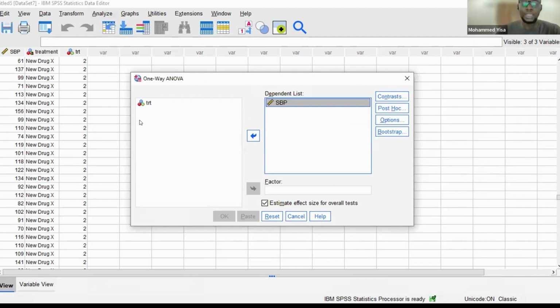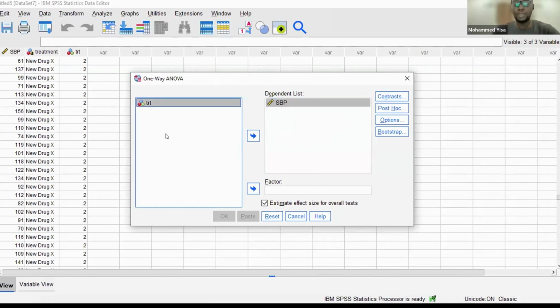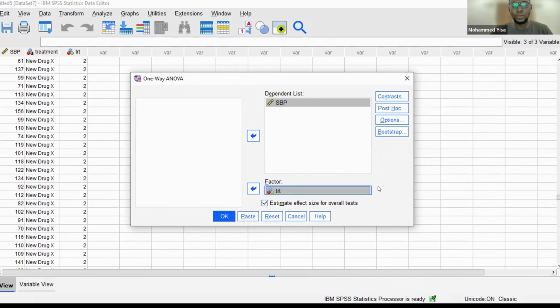And the variable that we are using to categorize them is this variable called treatment. So this treatment variable is the one that is categorized into placebo, old drug, new drug. And we are using it as the factor, the categorizing variable, in ANOVA.